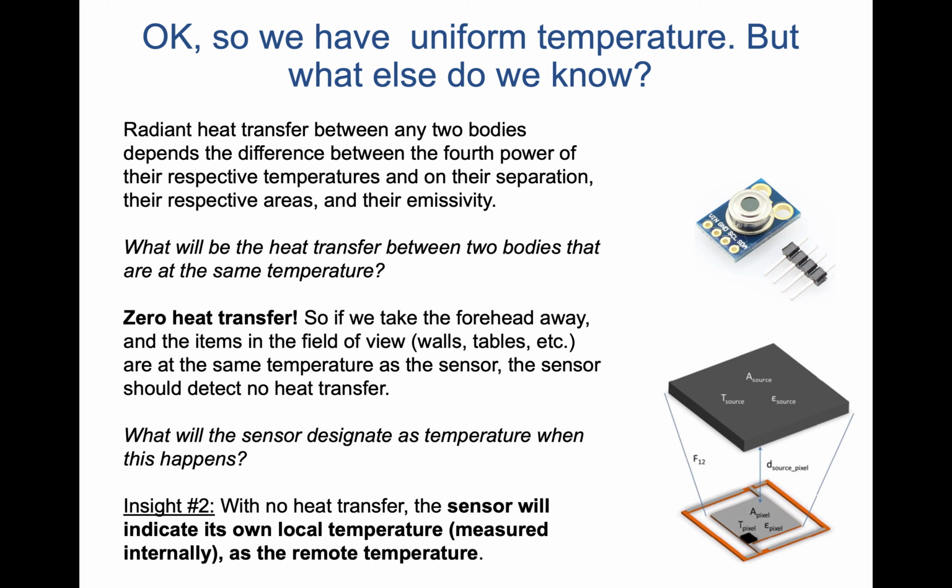Well, it'll measure its own local temperature, the measured internal temperature, as the remote temperature. In other words, the sensor, when it detects no radiant heat flux, just looks at its own temperature sensor and says, I'm getting nothing from the outside, therefore what I'm looking at must be the same temperature as me. So we've got two insights now.